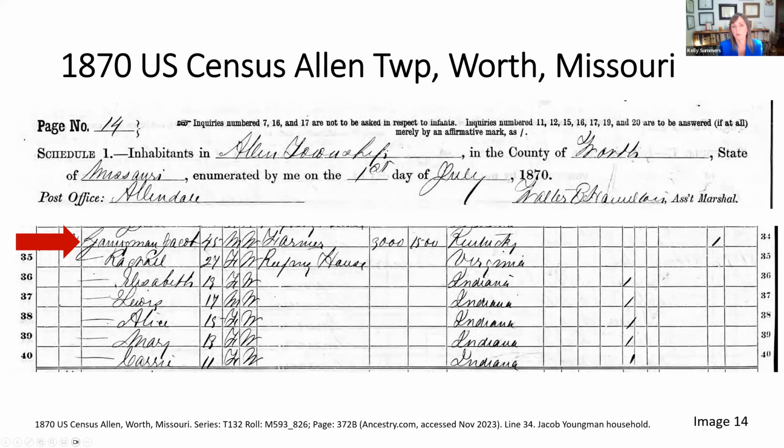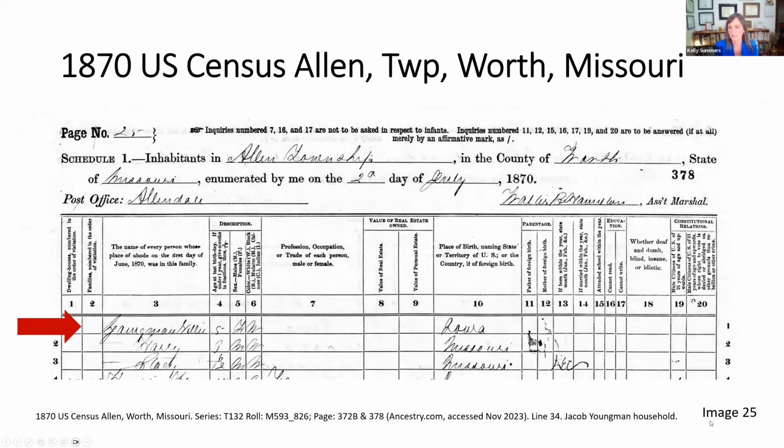Okay, again, we are at the end of the page. So I would have expected to go to the next image and find the rest of the children, Rachel's children that are alive in 1870. However, I went to the next page and they weren't there. This was image 14.